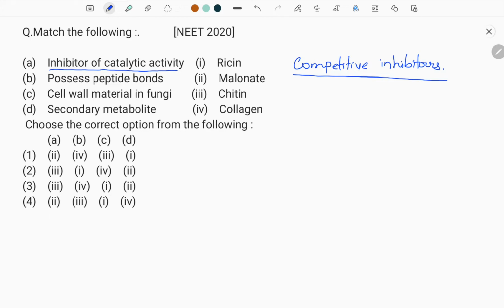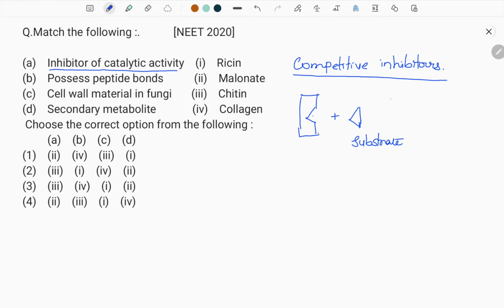So let us suppose this is an enzyme here. You know that every enzyme will have an active site. So this is an active site at which the substrate will bind. So this is the substrate and this is the active site that I am showing here.